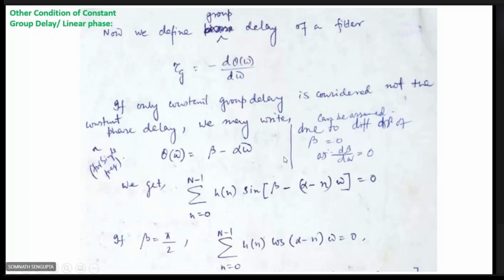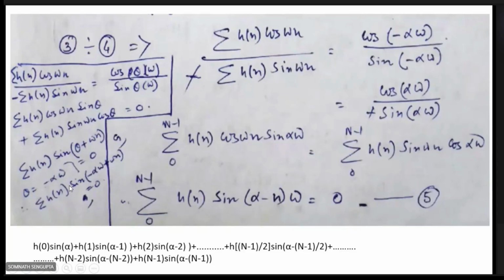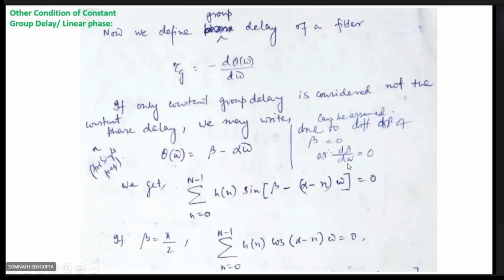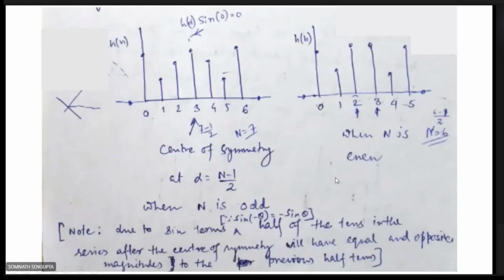So if we consider only the group delay is constant, beta should be constant and alpha omega is linearly changing. So in that case, we just replace theta with this equation beta minus alpha omega, and here you just see in this case sine theta plus omega n. In place of theta we write beta minus alpha omega, and omega n is already there, so it is this.